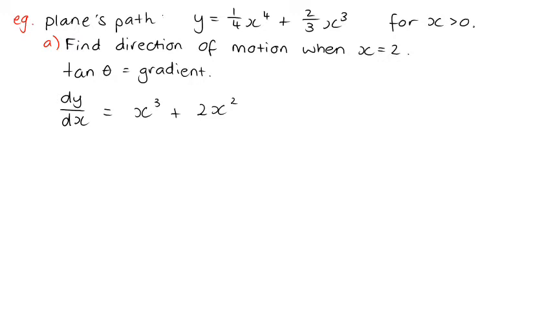So what's the derivative when x equals 2? You want to just sub into the derivative formula. So we get 8 plus 8, 16. So the gradient when x equals 2 is 16.